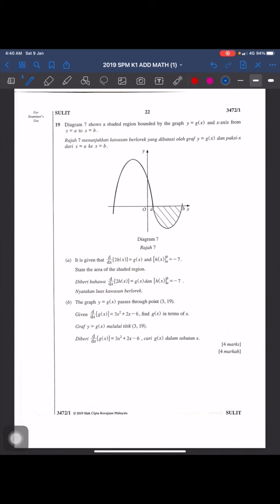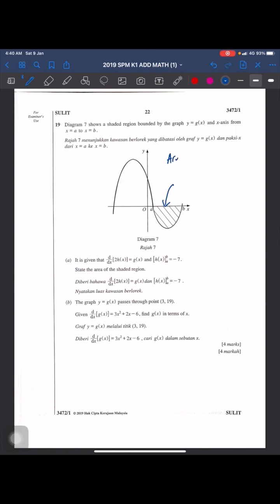Okay, question number 19. Diagram 7 shows a shaded region bounded by the graph y equals g(x) and the x-axis from x equals a to x equals b. It is given that d/dx of h(x) equals g(x). So this is the shaded region. We know how to find the shaded region.